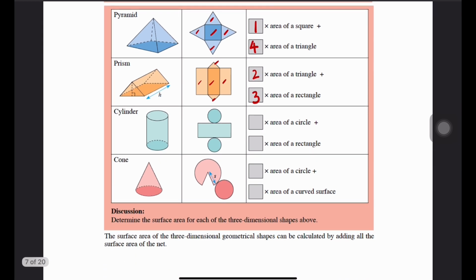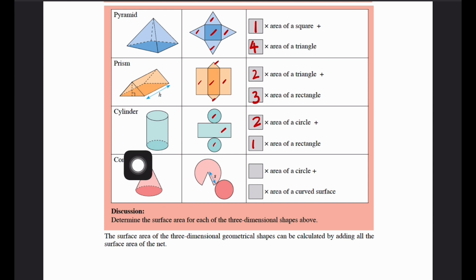Next we have the cylinder. The net of the cylinder looks like this. Over here we have 2 circles and 1 rectangle. So you need to find the area of a circle, multiply by 2 and then plus the area of the rectangle. Only 1 rectangle.